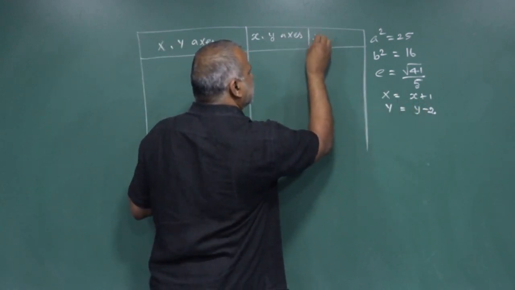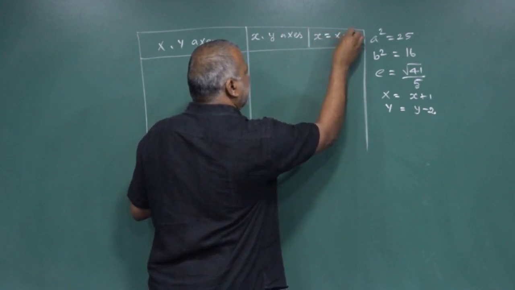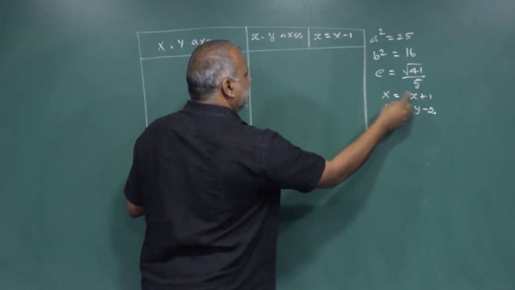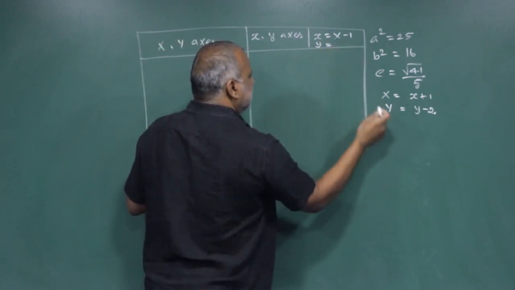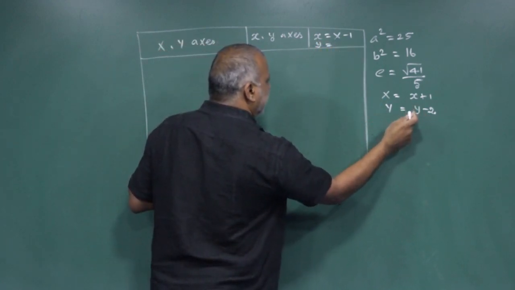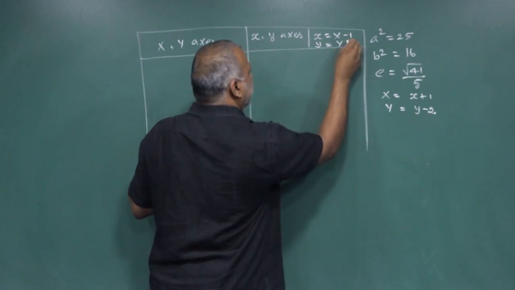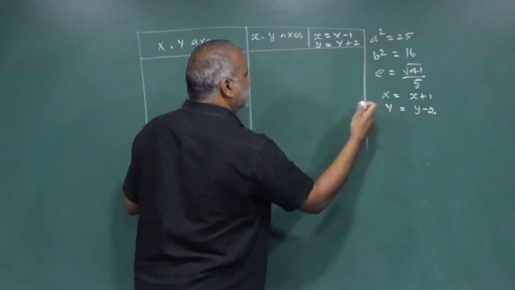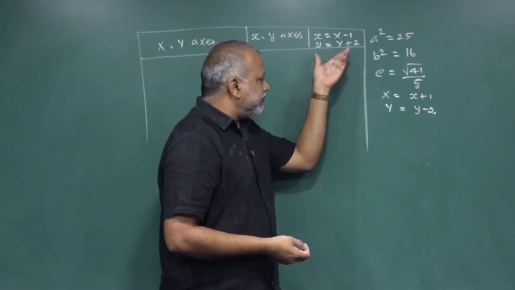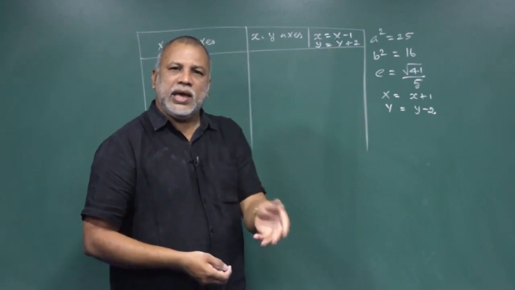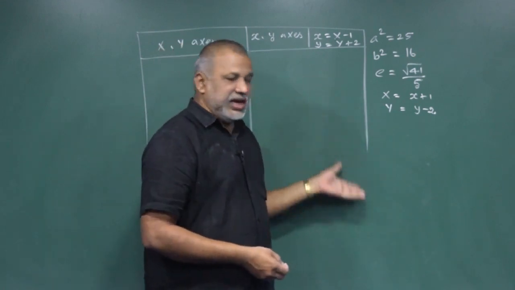We need small x equal to capital X minus 1. Now small y: capital Y equal to y minus 2, so we need small y. This negative moves to the other side, so it becomes y equal to capital Y plus 2. So we convert with reference to the small x, small y axis. That is the result we need.